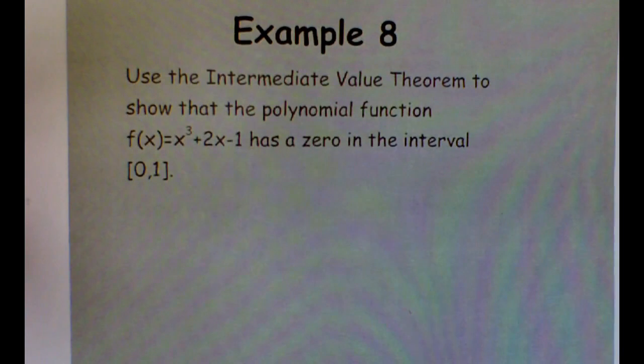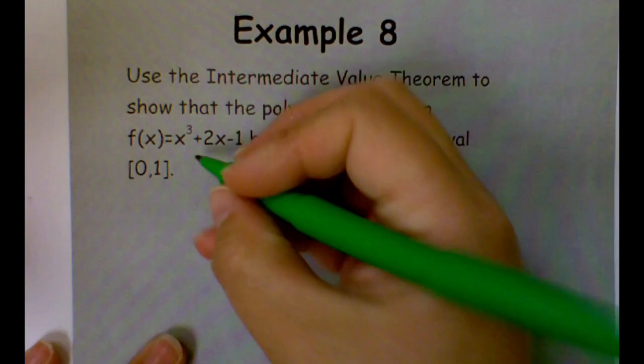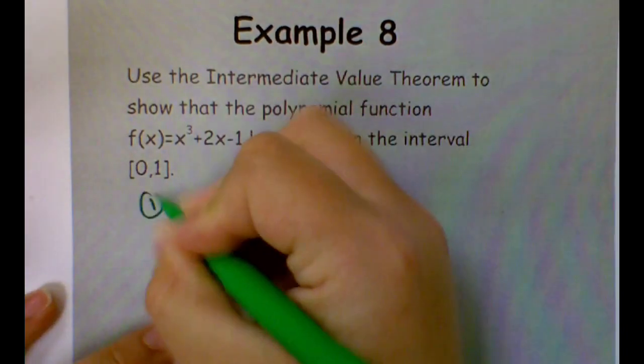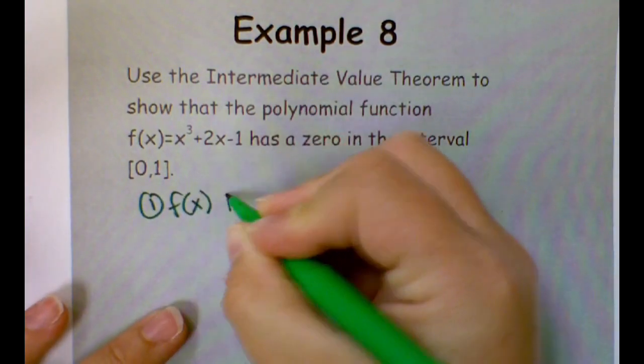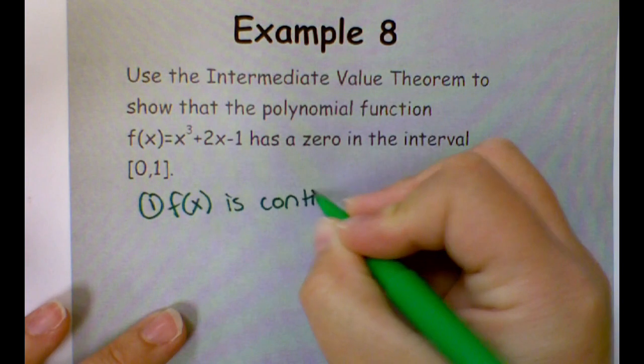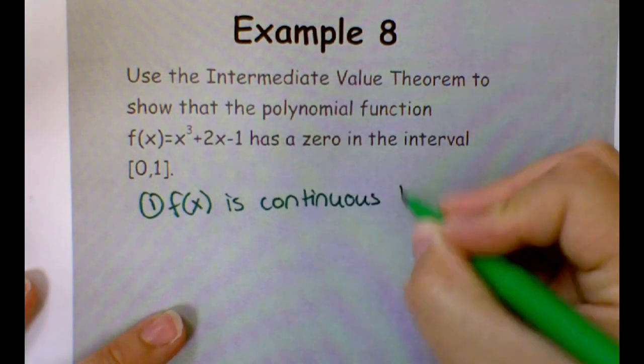So let's use the intermediate value theorem to show that the polynomial function f of x equals x cubed plus 2x minus 1 has a 0 in the interval 0 to 1. We're not going to find the 0, just show that it has one. So the first thing is, is f of x continuous? And yes, f of x is continuous because it's a polynomial.